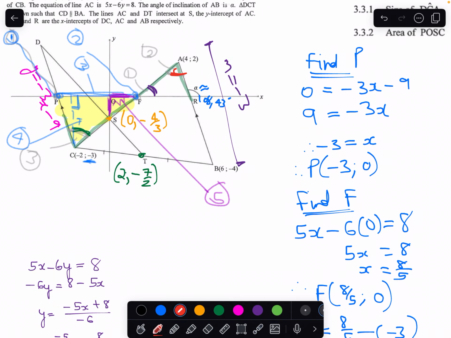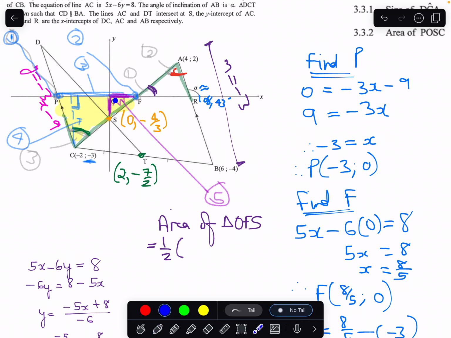Okay, right, so that is this triangle here, and this little triangle. So we are going to find the area of triangle OFS, which is equal to a half, and this distance is, what are the coordinates of F? 8 over 5, and this distance is 4 over 3.